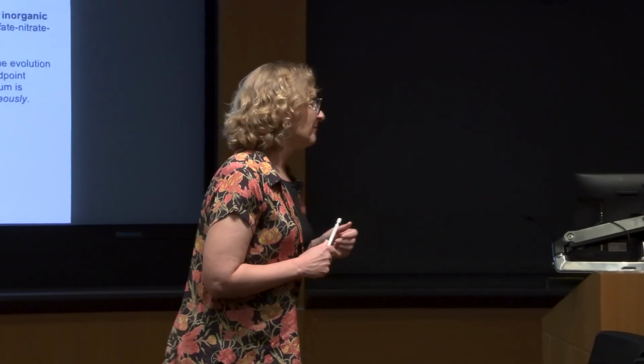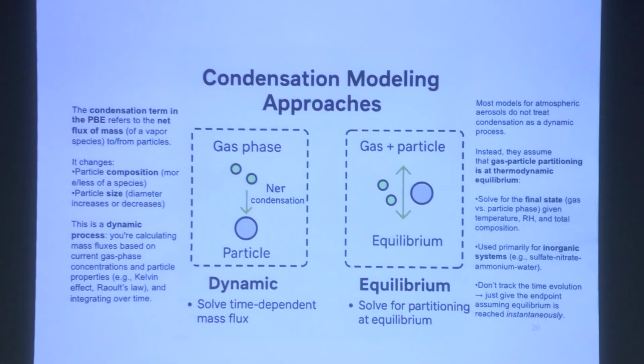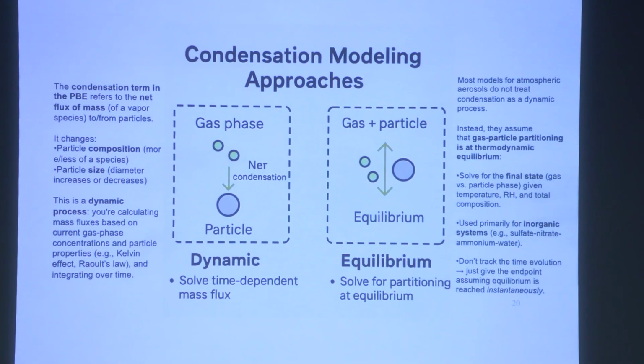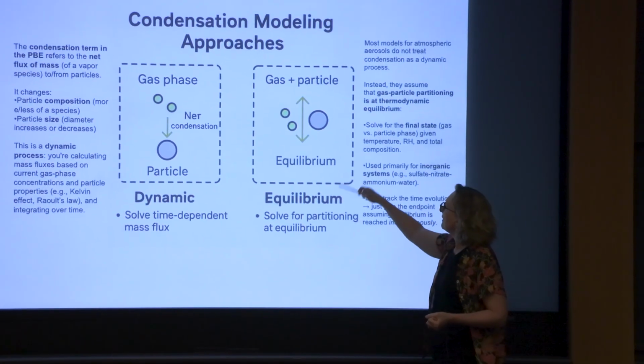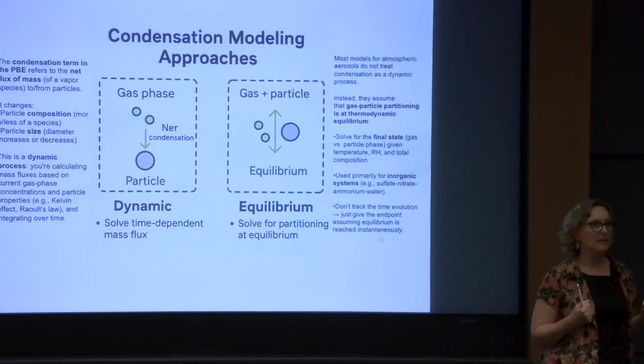Some models do, but another really popular approach, and that has to do with the computational cost, is to short circuit really resolving the kinetics of the growth process, and rather do what's here on the right-hand side, treating everything as being in equilibrium.